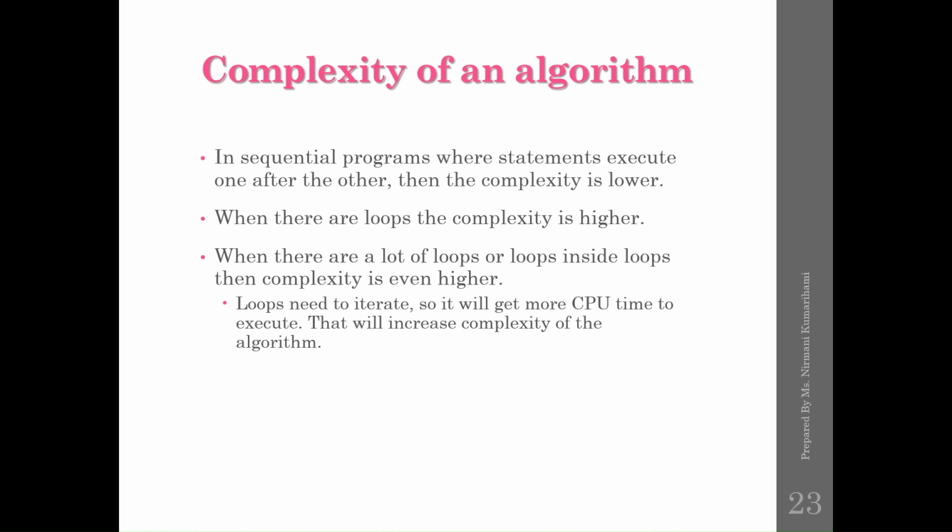In sequential programs where statements execute one after the other, the complexity is lower. When there are loops, the complexity is higher. When there are a lot of loops or loops inside loops, then complexity is even higher. Loops need to iterate, so they will get more CPU time to execute. That will increase the complexity of the algorithm.